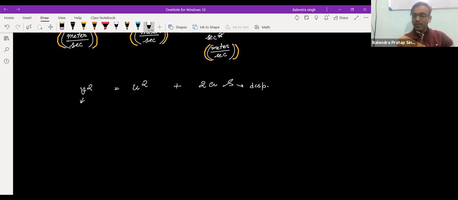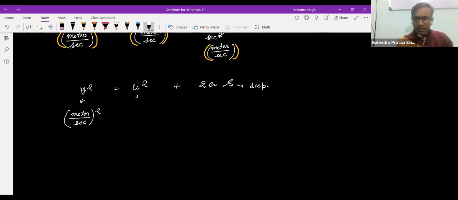So here the left hand side has velocity square. Velocity has a unit meter per second, and it's squared. So on the right hand side, each and every term must have the unit meter per second whole square. Otherwise this equation is not correct.